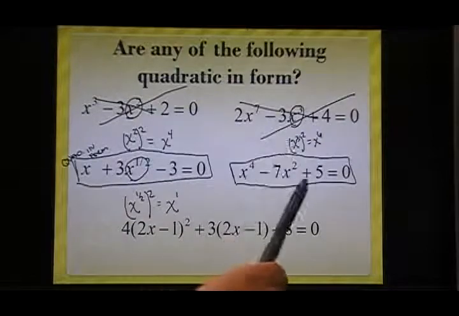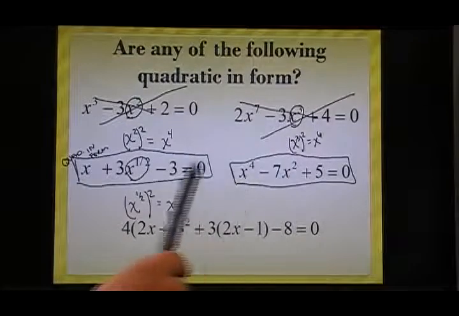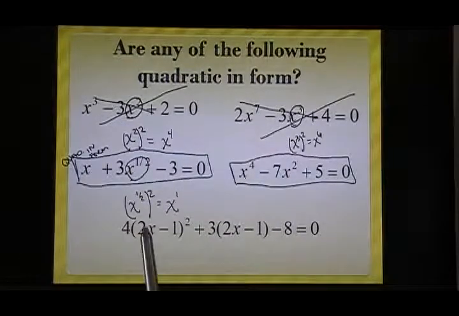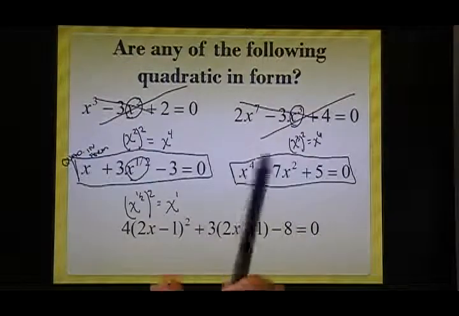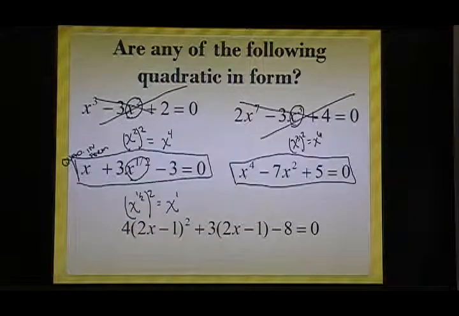This one is quadratic in form as well. If we square our x squared, we get x to the fourth. And looking at this equation here, if we went through the process of simplifying, squaring this binomial, distributing the 3, and combining like terms, we would actually have a quadratic equation. This is a quadratic equation, but we can also say it's quadratic in form.